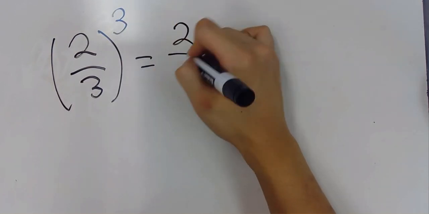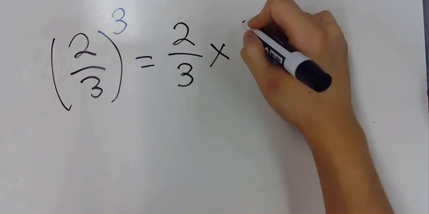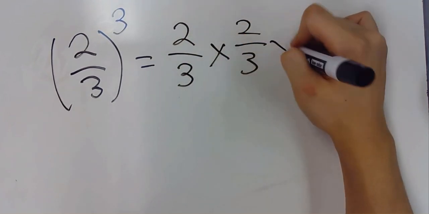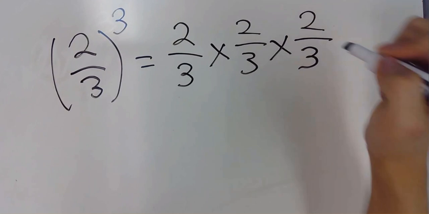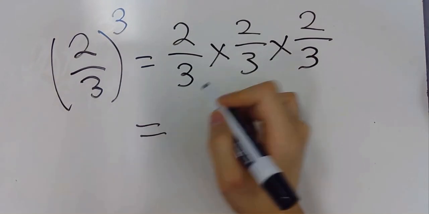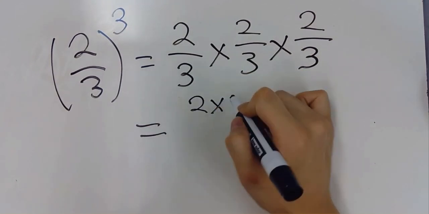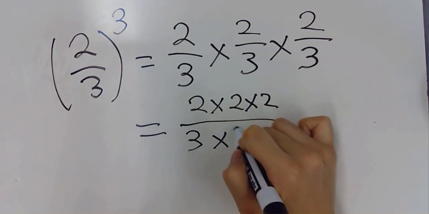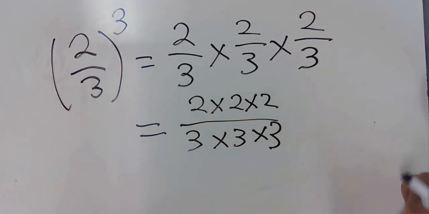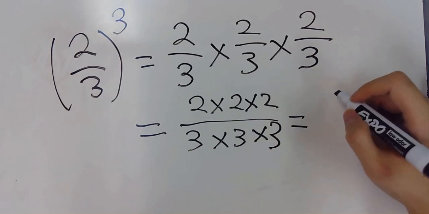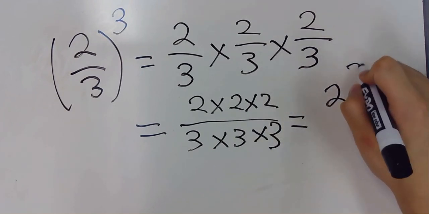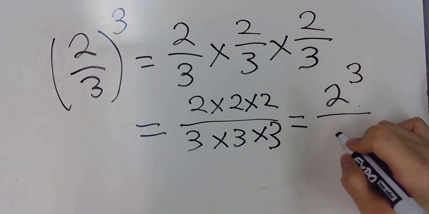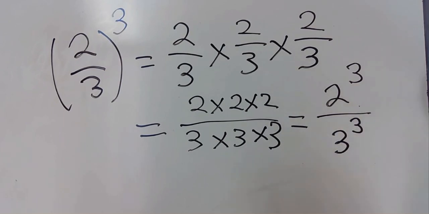So then I have 2 over 3 times 2 over 3 times 2 over 3. Then I have 2 times 2 times 2 over 3 times 3 times 3, which then becomes 2 to the power of 3 over 3 to the power of 3.